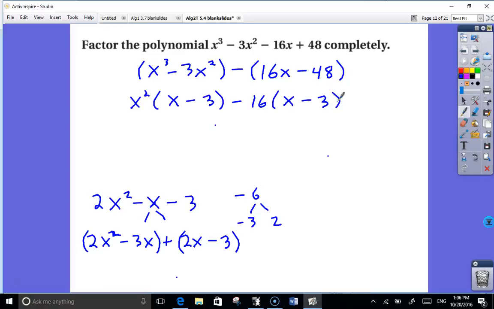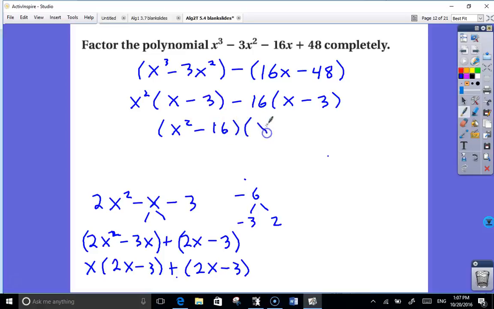Because we have the same thing in parentheses, x minus 3, everything's going to work out here. That's what had to happen when we did this one too. When you take out the greatest common factor, you're always left with the same thing inside parentheses. So this is going to be x squared minus 16 times x minus 3.